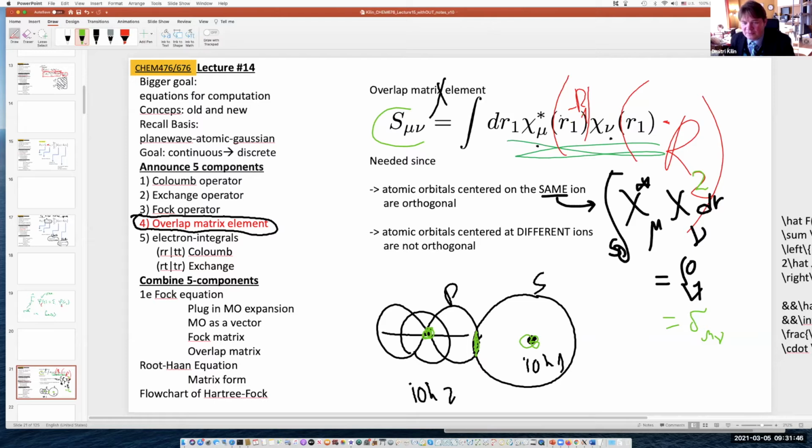So lowercase r, which is the position of the electron, is the same electron, lowercase r1, because a molecular orbital is for one electron. Okay. And uppercase R is for different ions, for example, ion number 1 and ion number 2.